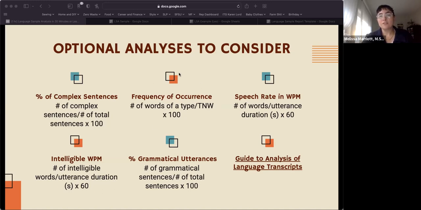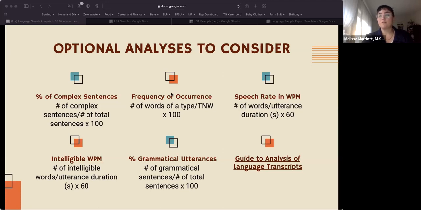Frequency of occurrence. If I'm doing a type token ratio where I'm dividing out by parts of speech, I might do frequency of occurrence. So, number of nouns, or percentage of the sample that was nouns, percentage that was verbs, percentage that was adjectives. This information has been surprisingly helpful to me.